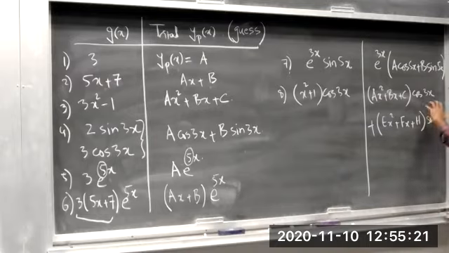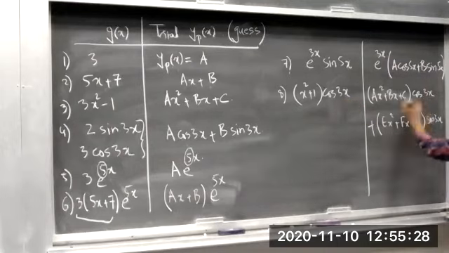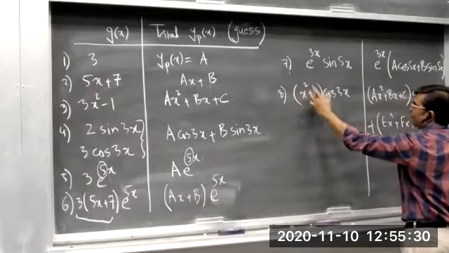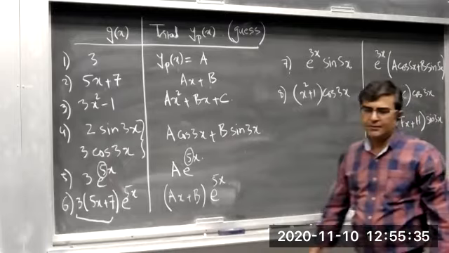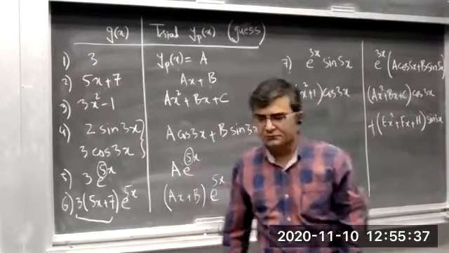Because this linear combination is for cos 3x, and for this polynomial of degree 2, you have to assume a particular solution of this type.